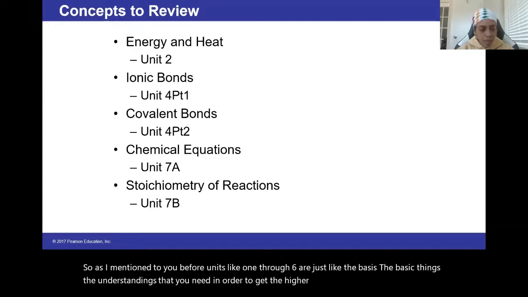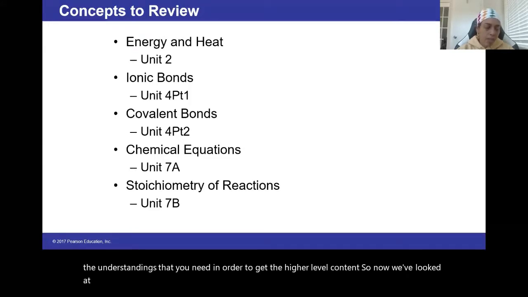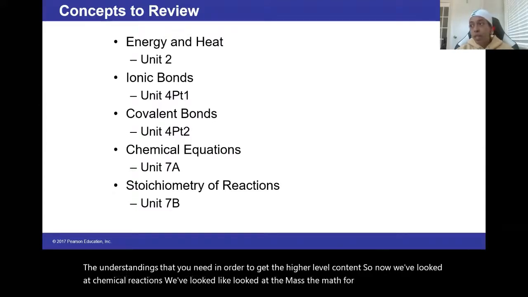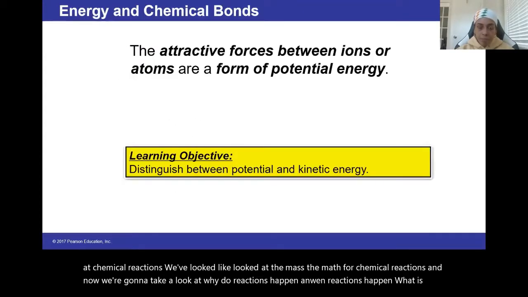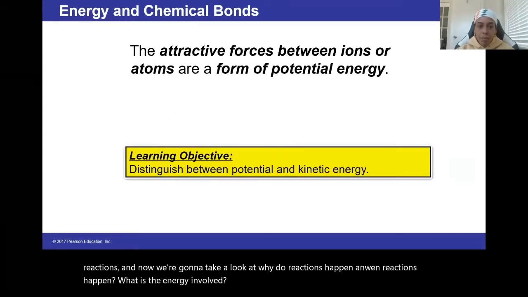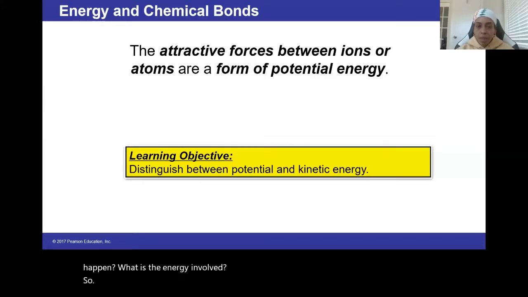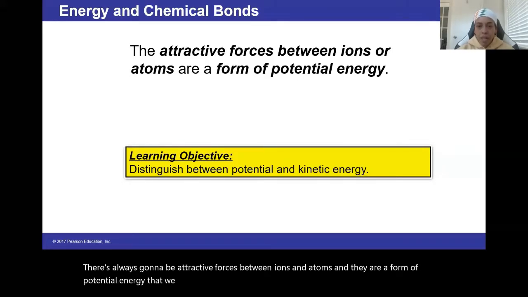So now we've looked at chemical reactions, we've looked at the math for chemical reactions. Now we're going to take a look at why do reactions happen? And when reactions happen, what is the energy involved? There are always going to be attractive forces between ions and atoms, and they are a form of potential energy that we have in chemical formulas.